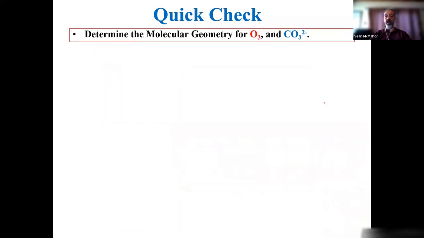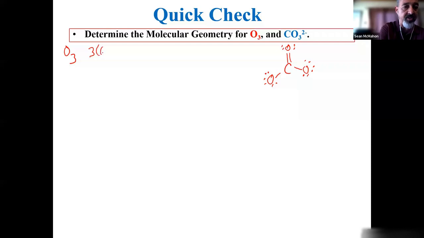Well, earlier we did the carbonate, which was this. This is what we opened up for review. But I'm going to do the ozone. So O3. And I'll even start it from scratch, right?